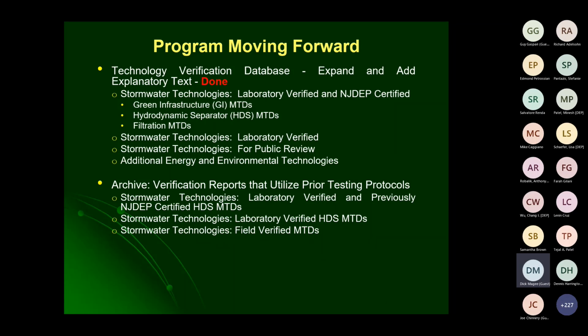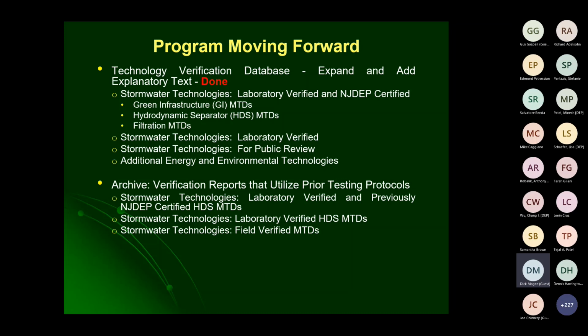And then there's that other category of other energy and environmental technologies. There are not many which have been verified in the past, but there's explanatory text to help that out. Now the question became with the manufacturers, well, what are you going to do with verification reports that were verified, in some cases certified, against prior testing protocols, even though we have found shortcomings in those protocols?